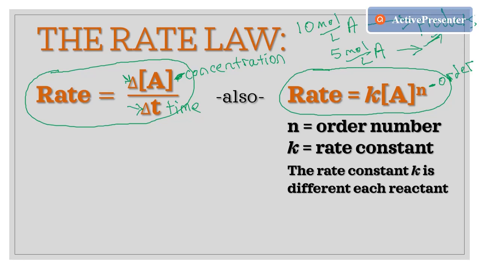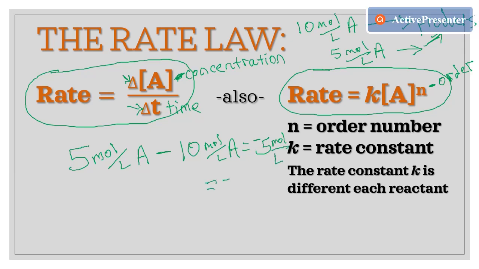So the change in the concentration in this case would be your final measurement, 5 moles per liter of A, minus your initial measurement, which is 10 moles per liter of A, and that would be negative 5 moles per liter.